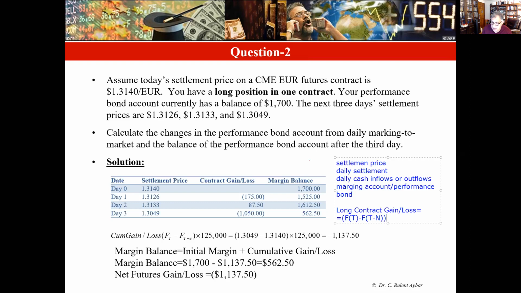If you are doing a daily gain or loss, it should be T minus 1, right? On a daily basis, it should be T minus 1, times contract size.